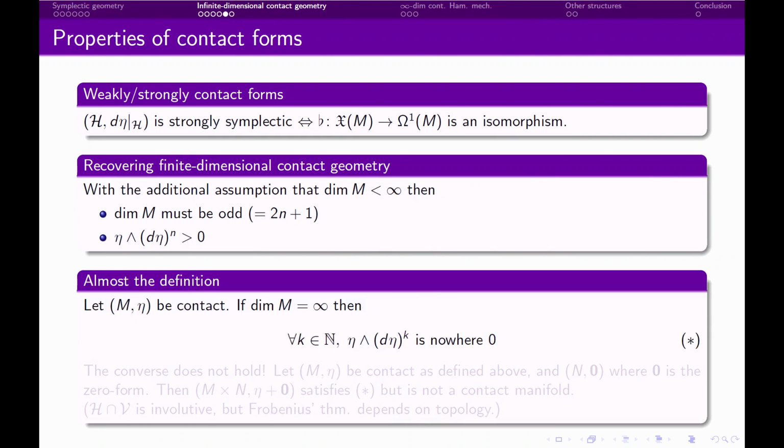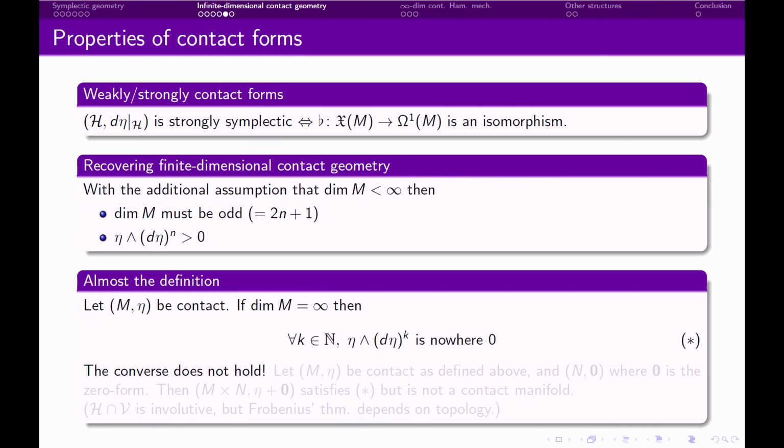And then we've got something that's almost the definition, but not quite. If eta is an infinite dimensional contact form, then for all k, eta wedge d eta to the k is nowhere zero. So this is almost our volume form condition, but not quite. It's like an infinite chain of this volume form condition.